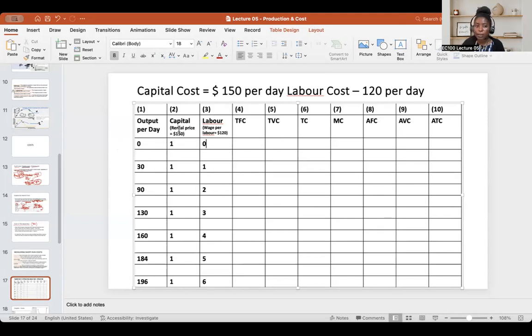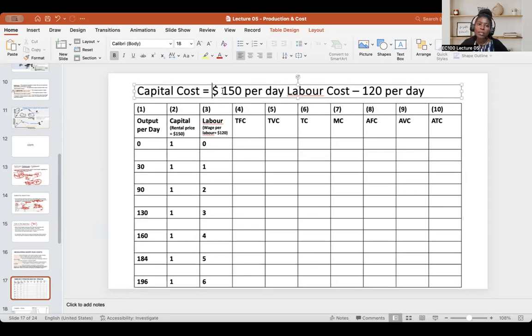There are two inputs, capital and labor, that are used to produce output, which is the number of cars washed per day. Okay, so we start. Remember, this is the cost of capital. Think about it as a rent, calculated from the annual cost.